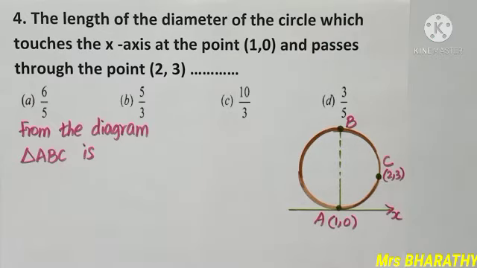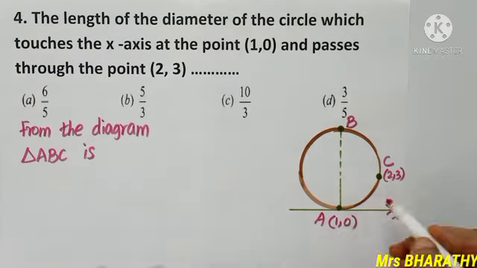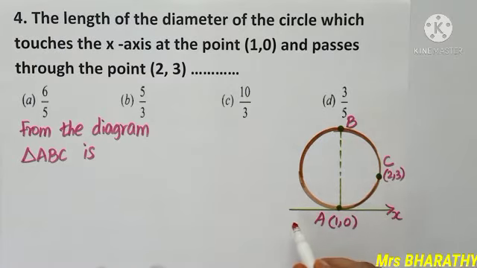Question number 4. The length of the diameter of the circle which touches the x-axis at the point (1, 0) and passes through the point (2, 3). As I look at the diagram, this circle touches x-axis at A, say (1, 0).